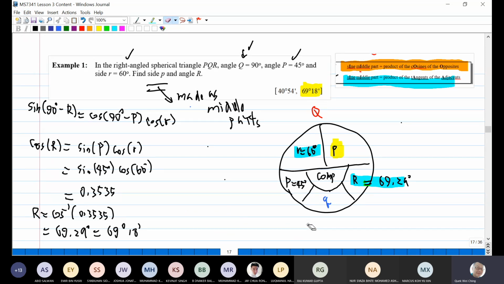So this time, I have assigned a middle part. Middle part is P now, right? But P is on top now, so you don't need any com, okay? So this is the sine of middle part here. So sine of the side P, this is side P here, right? Small letter.